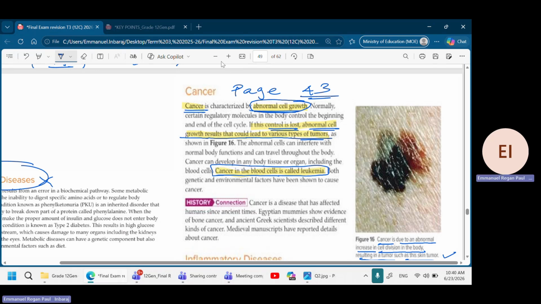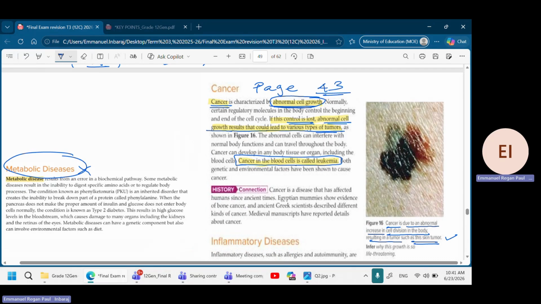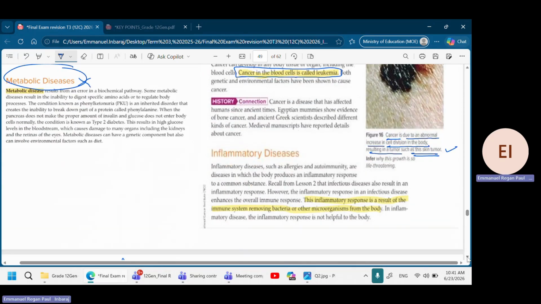Now let's move on to the next type of disease. The fourth type of disease is called inflammatory diseases. An inflammatory response is a result of the immune system removing bacteria or other microorganisms from the body. So when they remove bacteria from your body, it is called an inflammatory response.